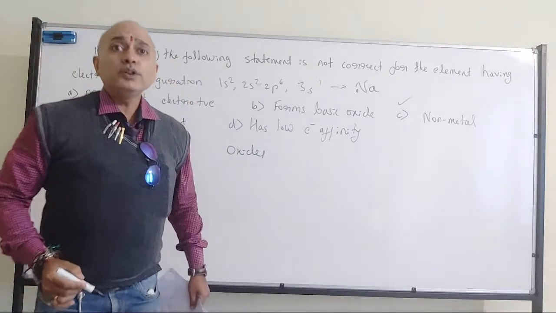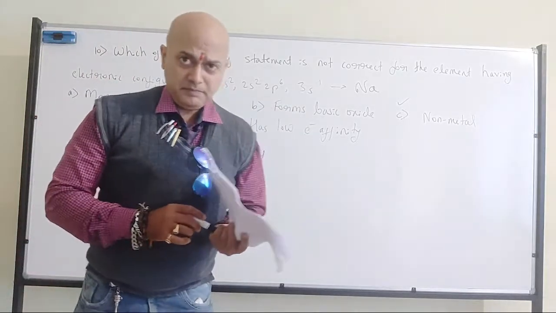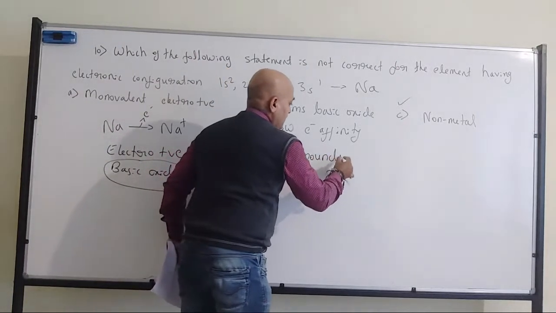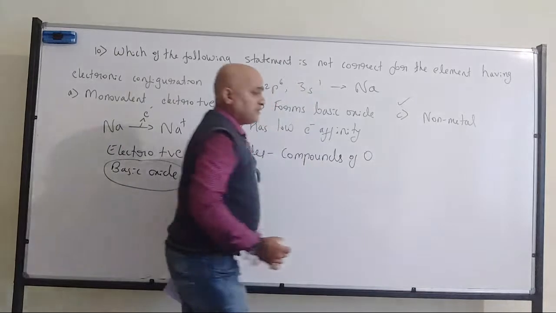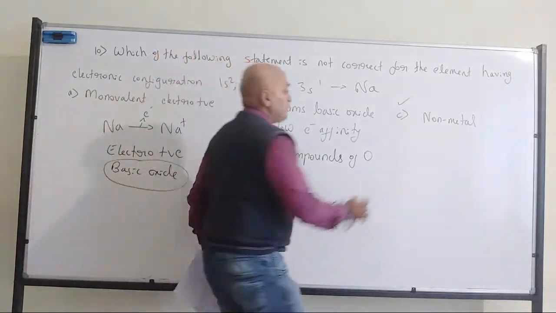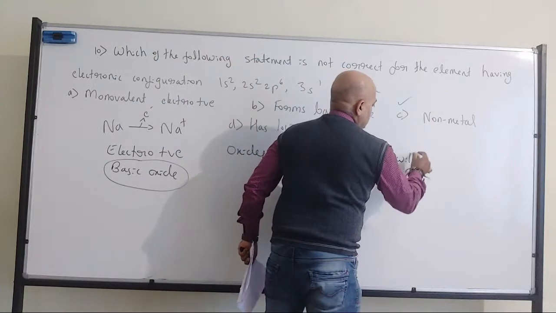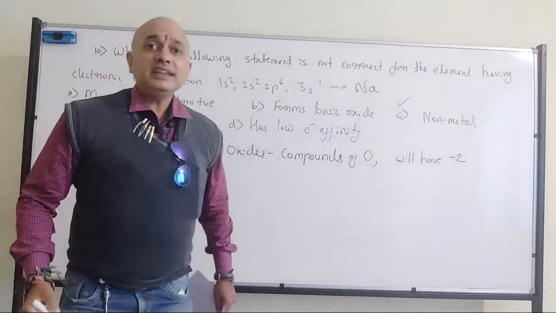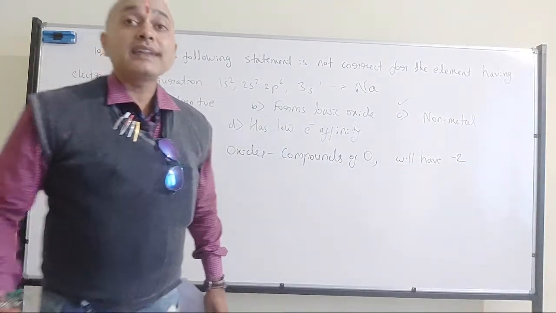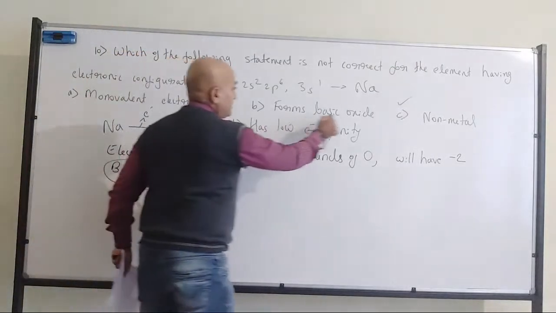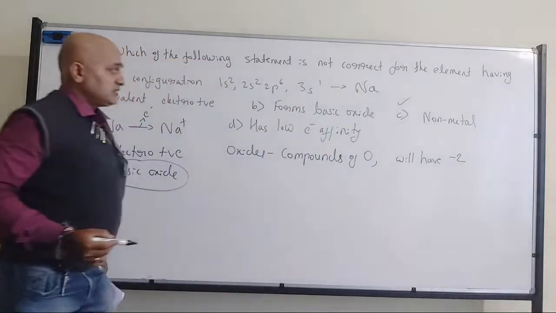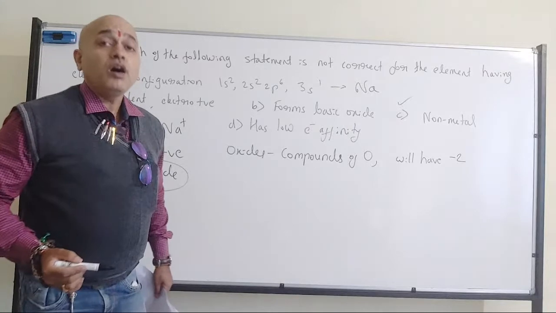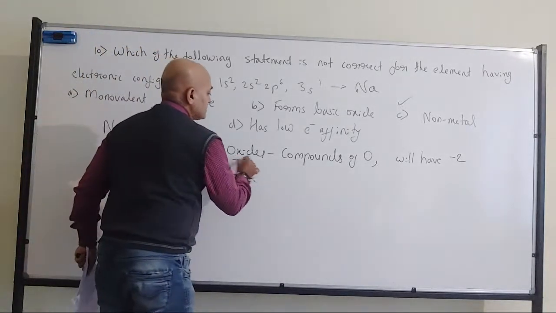Oxides are nothing but compounds of oxygen, where oxygen will have a -2 oxidation state. Anyway, you are going to discuss this in detail in redox reactions, but since they have written basic oxide, it's a bit important. So compounds of oxygen where it has -2 oxidation state are called oxides.